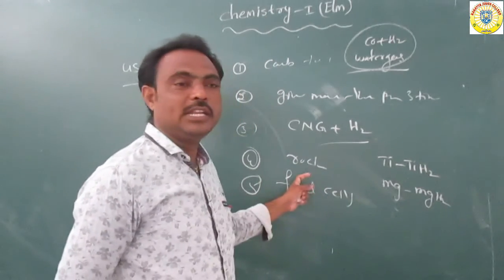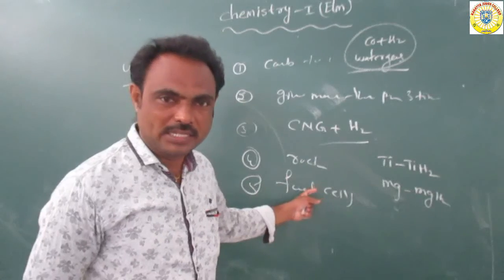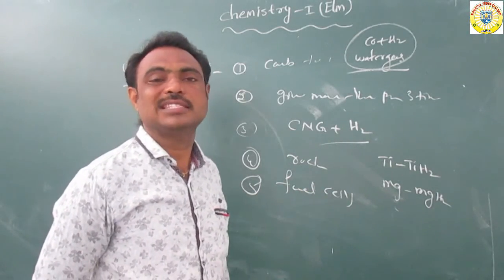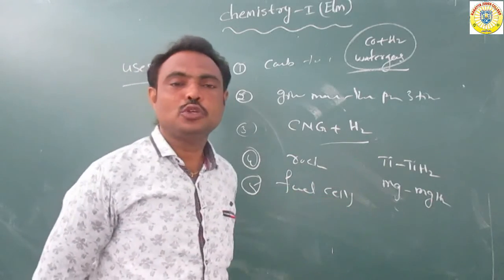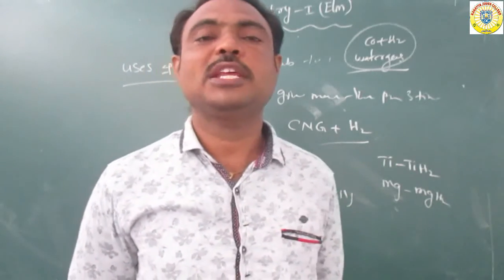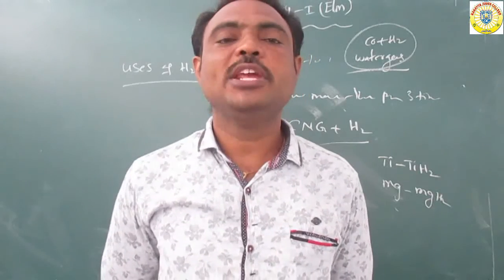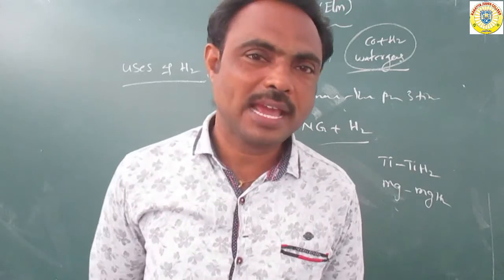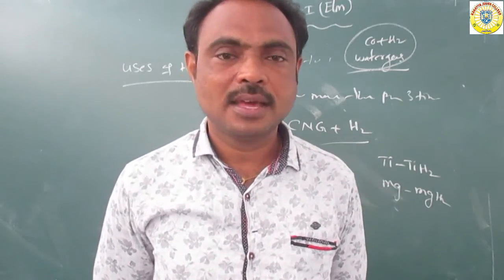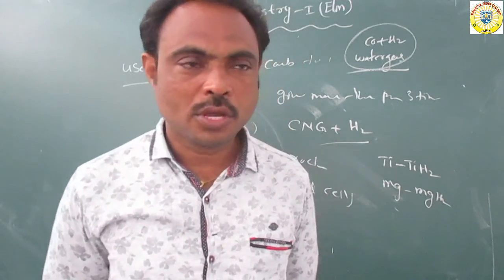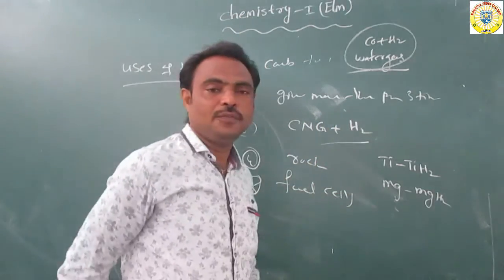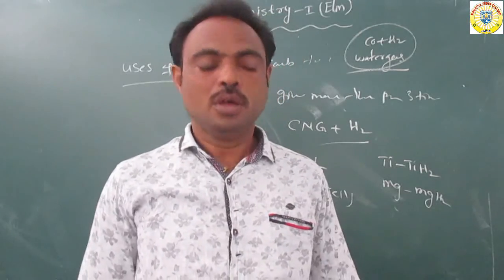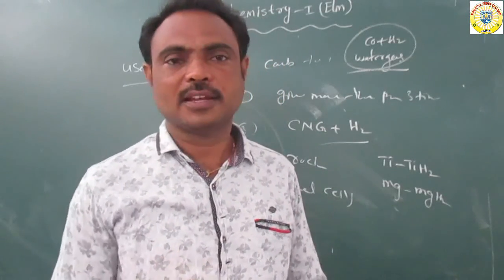It is used in rockets and in different types of fuel cells. Dihydrogen is also used in the preparation of water gas, the combination of carbon monoxide and hydrogen gas, called syngas or synthetic gas. So those are the uses of hydrogen. Next topic we will discuss in the next class.